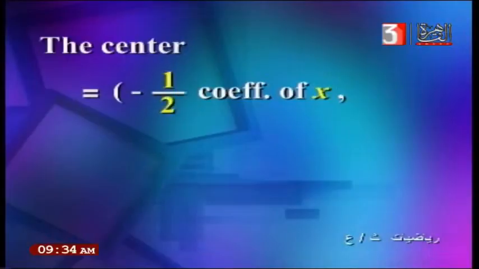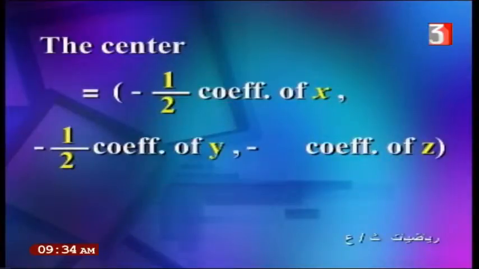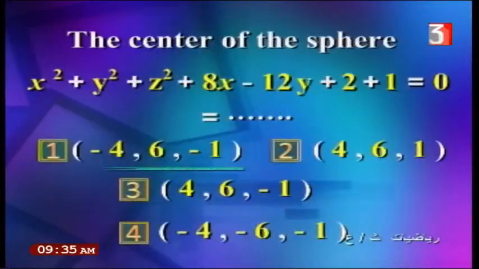Then, my dear student, look at the center. This is a rule: negative 1 over 2 times the coefficient of x, negative 1 over 2 times the coefficient of y, negative 1 over 2 times the coefficient of z. By using this rule, the answer is negative 4, 6, and negative 1. Then the correct answer is negative 4, 6, and negative 1.